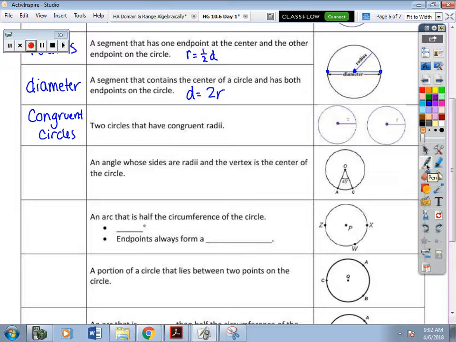All right, the next one, an angle whose sides are radii, and the vertex is at the center of the circle. Those are called central angles, because they touch the center. The vertex is the center of the circle.